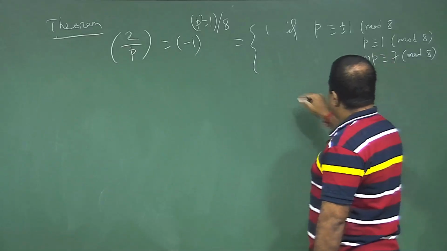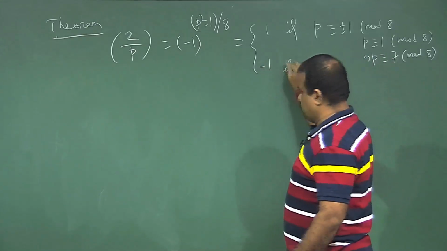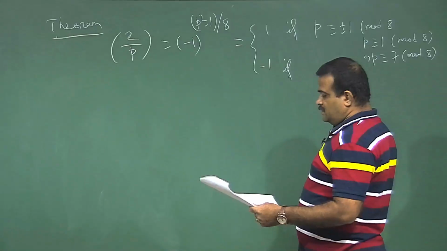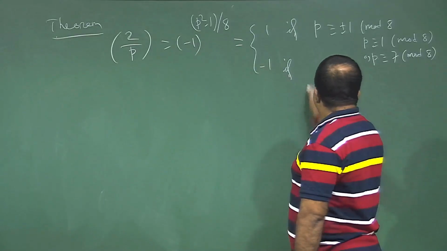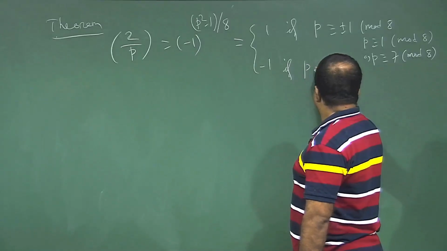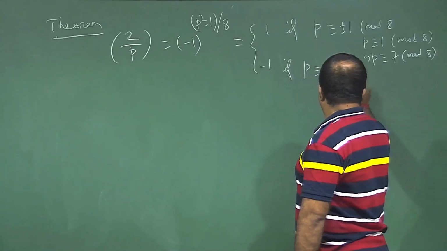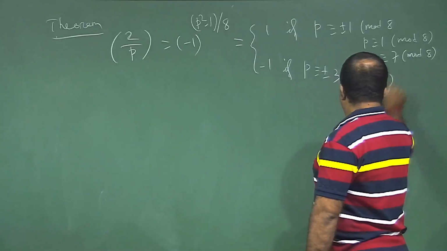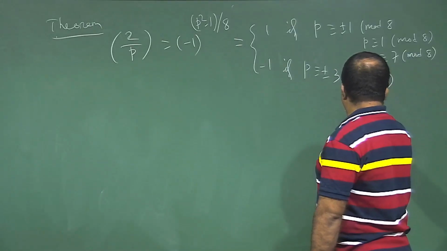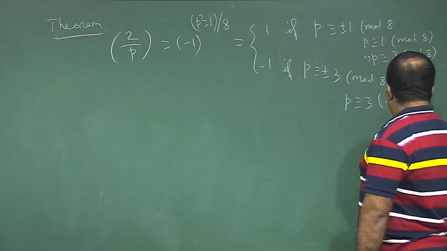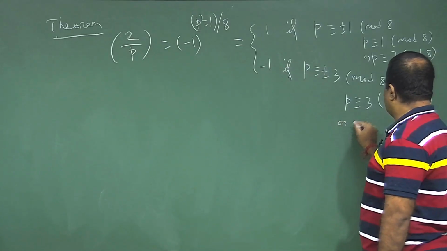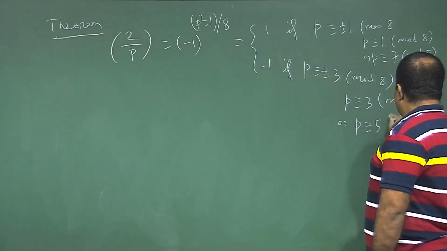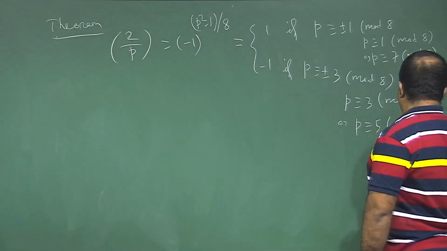Okay, and this is minus 1 if P is congruent to plus or minus 3 mod 8. So that means if P is congruent to 3 mod 8, and for minus 3 it is basically 5, or P is congruent to 5 mod 8.